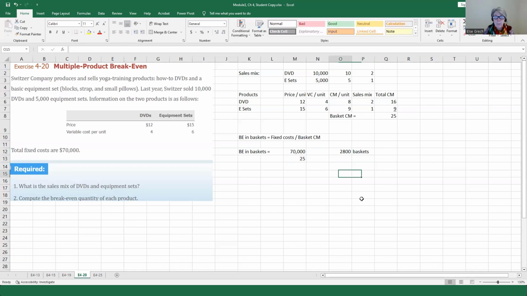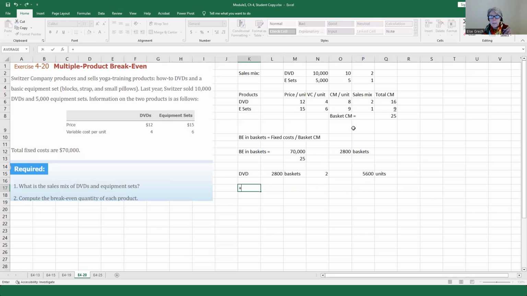Now, how many DVDs will I sell if I sell 2,800 baskets? I'm going to sell those 2,800 baskets, but I also have to multiply it by the number of DVDs in each basket. There's 2 DVDs in each basket. That means if I sell 2,800 baskets, I'm going to sell 5,600 units of DVDs.